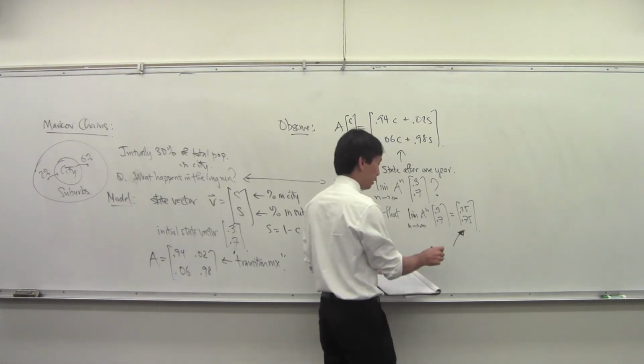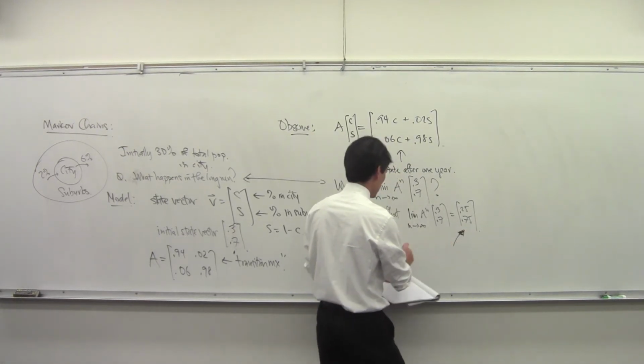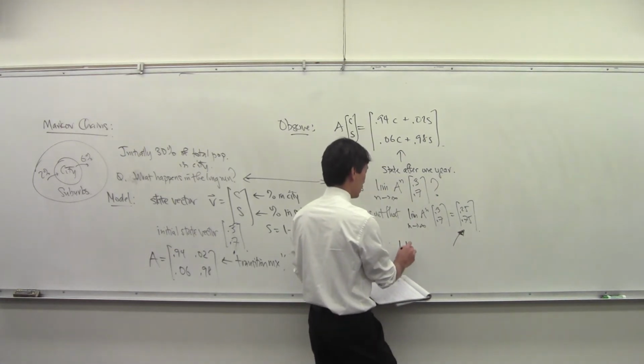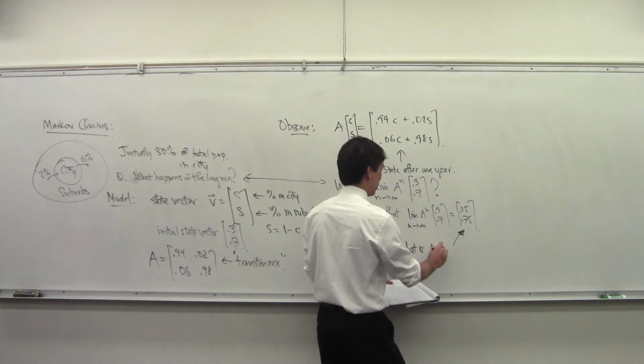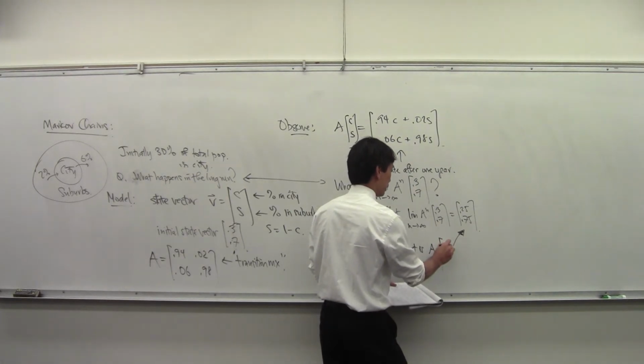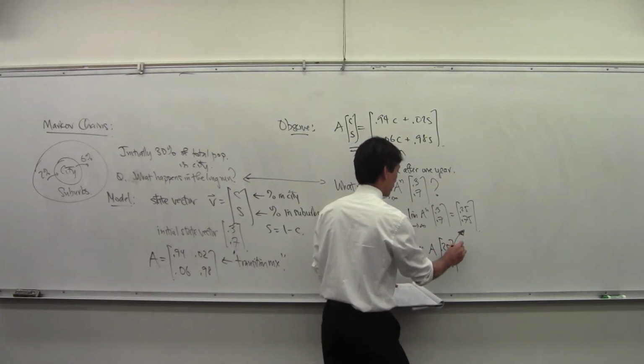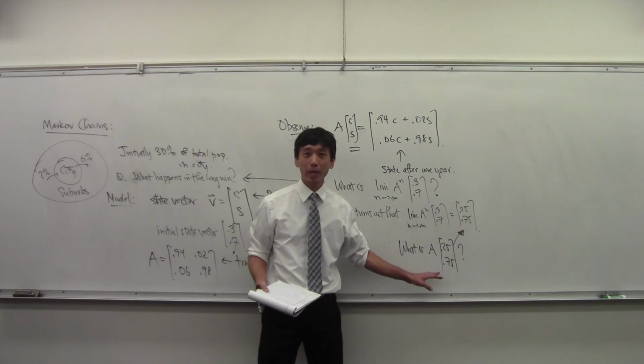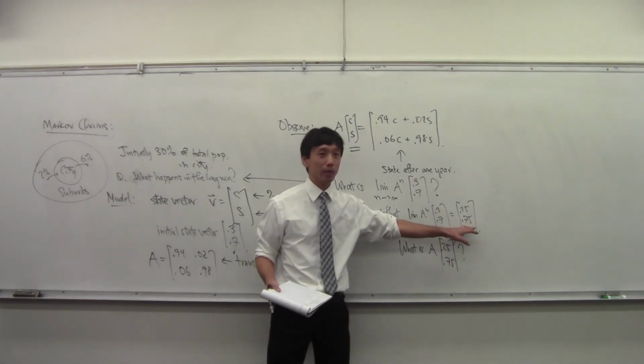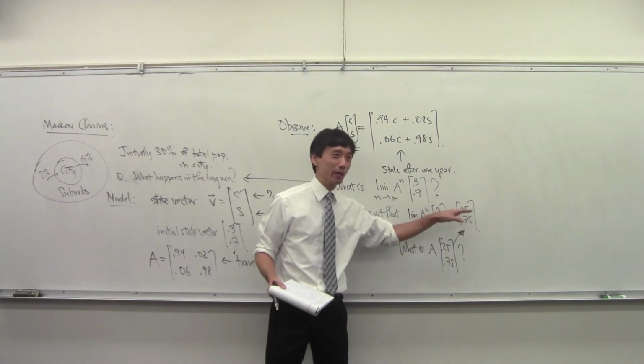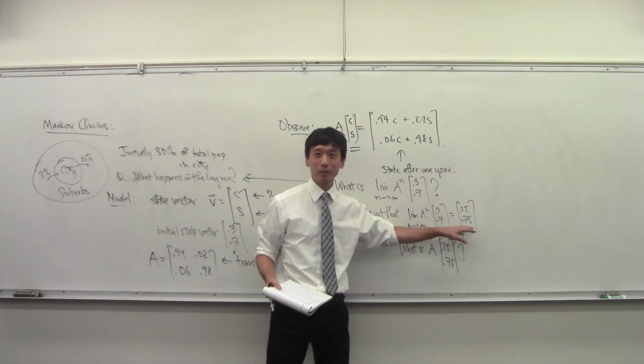This vector here, so let me ask you, what if I apply A to this limit vector? That's like adding on one more year. What's going to happen?